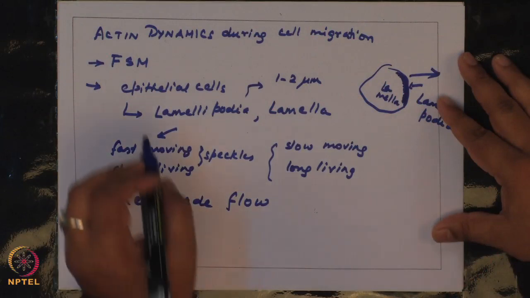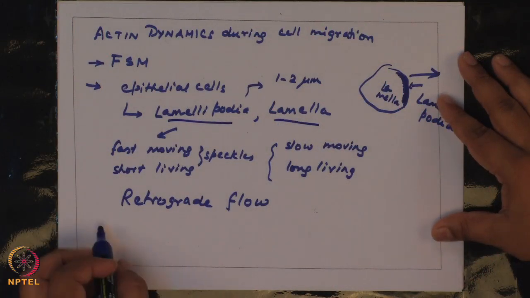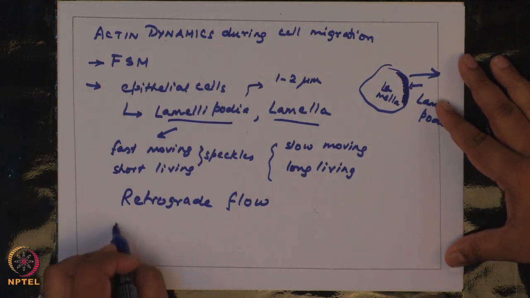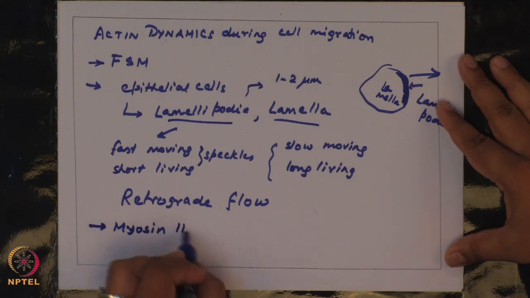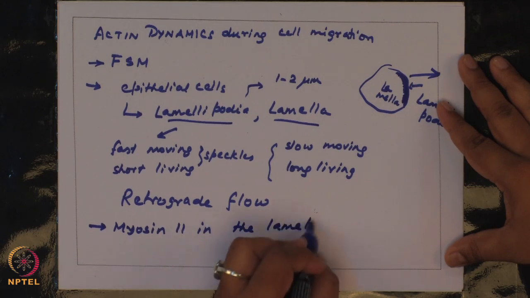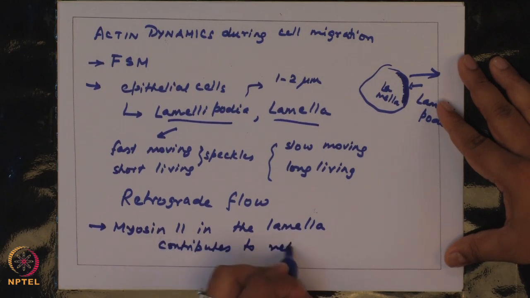What I also told you was that these two networks, lamellipodia and lamella, are molecularly distinct. And using blebbistatin experiments, the authors had shown that myosin II in the lamella contributes to retrograde flow.